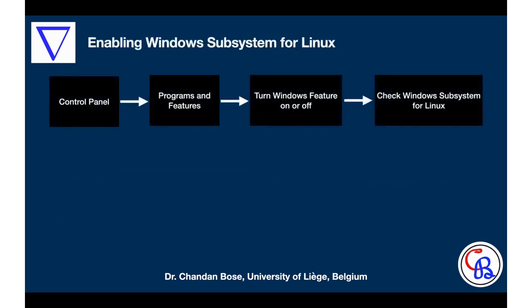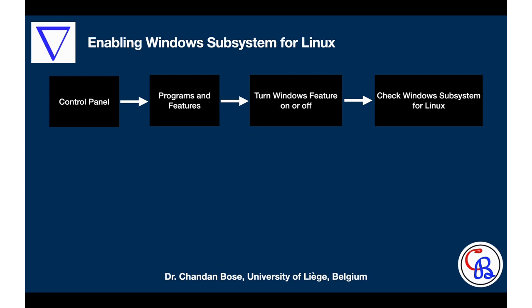It is to be noted that there are 2 ways of enabling this Windows subsystem for Linux option. The easiest option, in my opinion, is to do it through your control panel. If you go to your control panel, there will be a programs option, within which you will find programs and features, and there is an option to turn Windows features on or off.